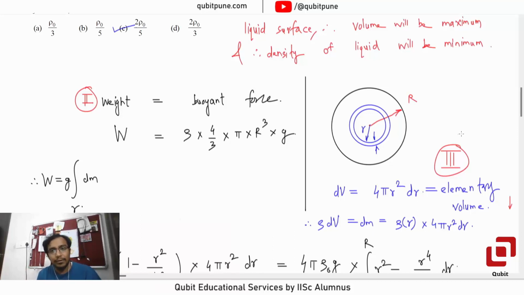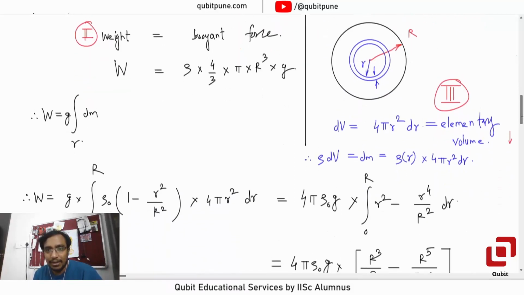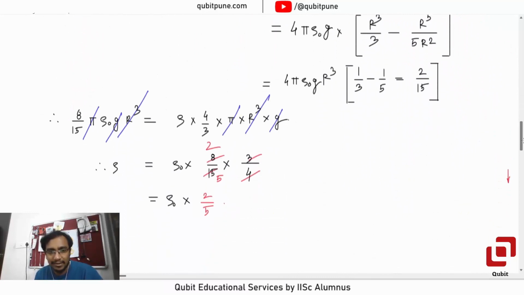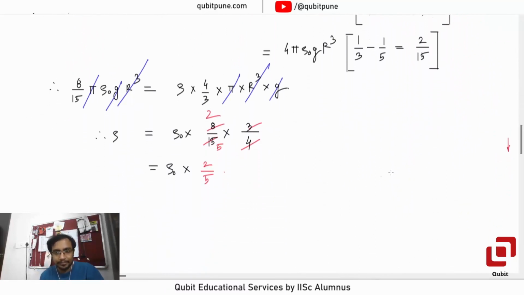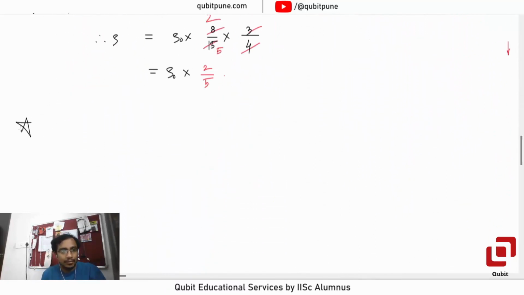Now, if you do not know how that 4 pi r squared dr comes, I said multiply the surface area by dr. That may make sense if dr is very small. But if you are not convinced with that, here is another take. How is dV equal to 4 pi r squared dr? Look, V is equal to 4 pi by 3 r cubed, you know that.